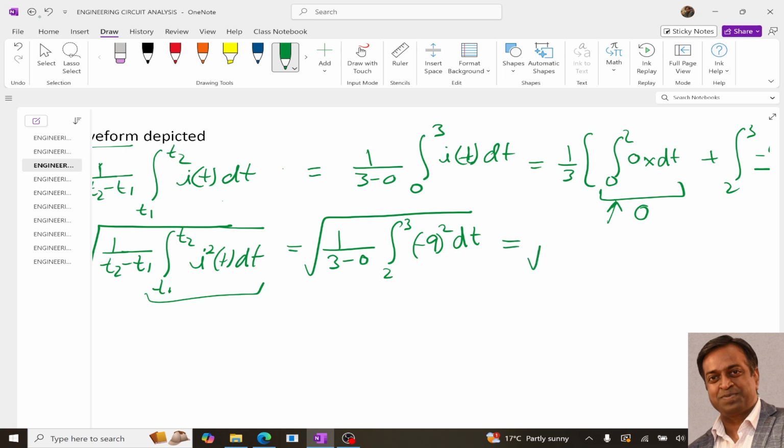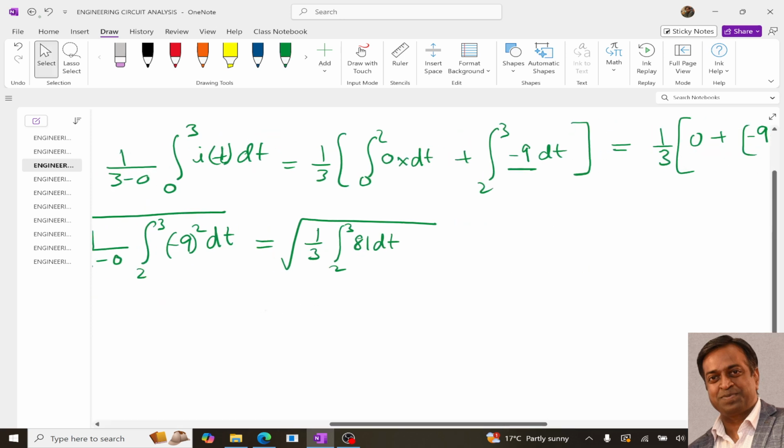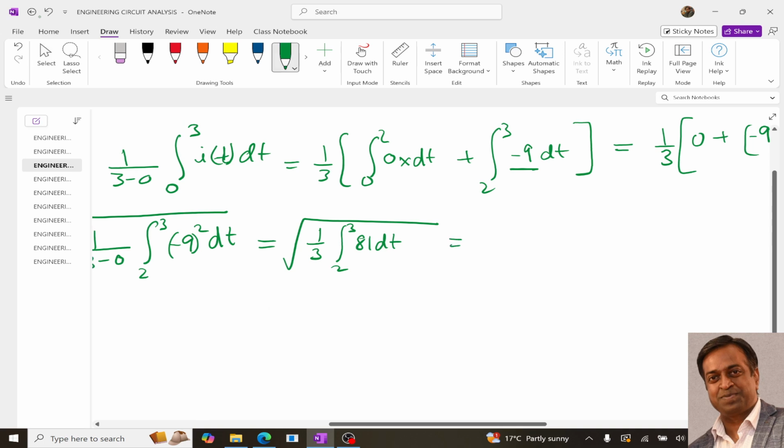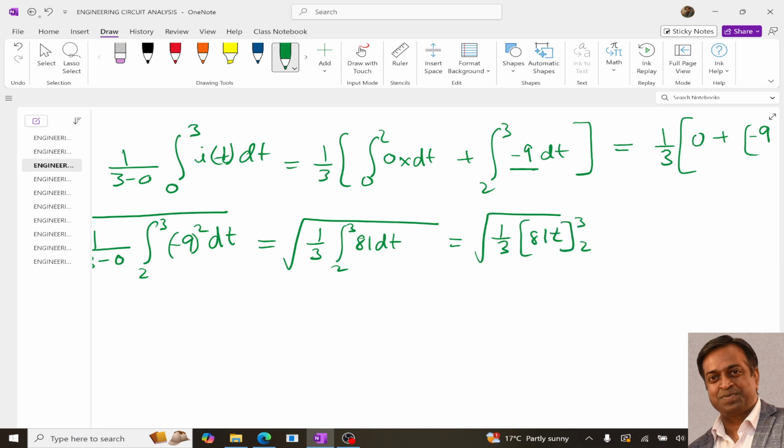Now 1 by 3, it is 81 dt, limit 3 to 2, which equals under root 1 by 3 into 81 t, 3 to 2.